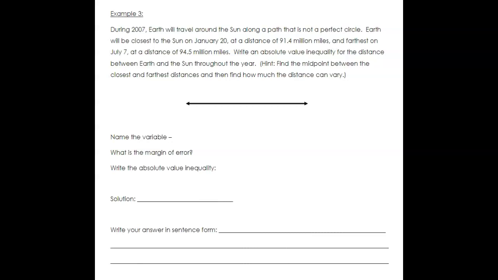So I'm going to use the number line that was given, and I'm going to see if I can figure out where the midpoint is. So we have 2 points and a point in the middle. The distance that was the shortest was 91.4 million miles.